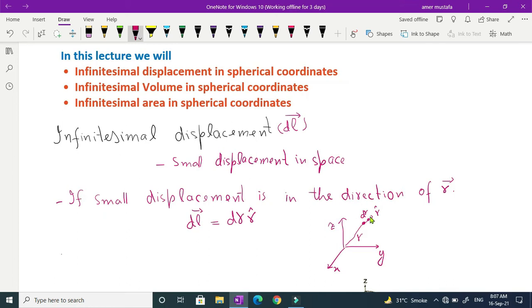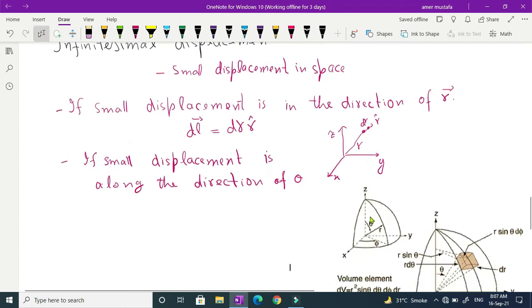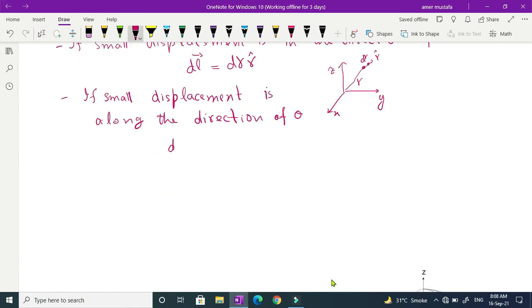And if the small displacement is along the direction of theta, in that case dl would be equal to not d theta only, because d theta is an angle and infinitesimal displacement is a length.